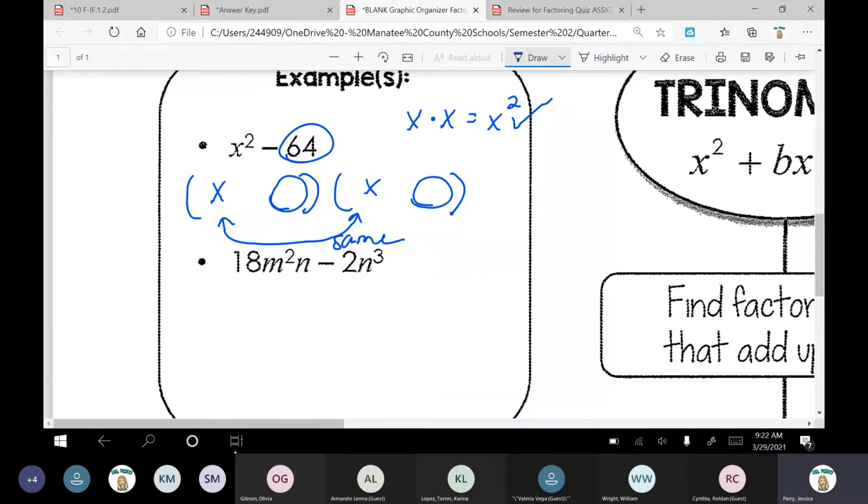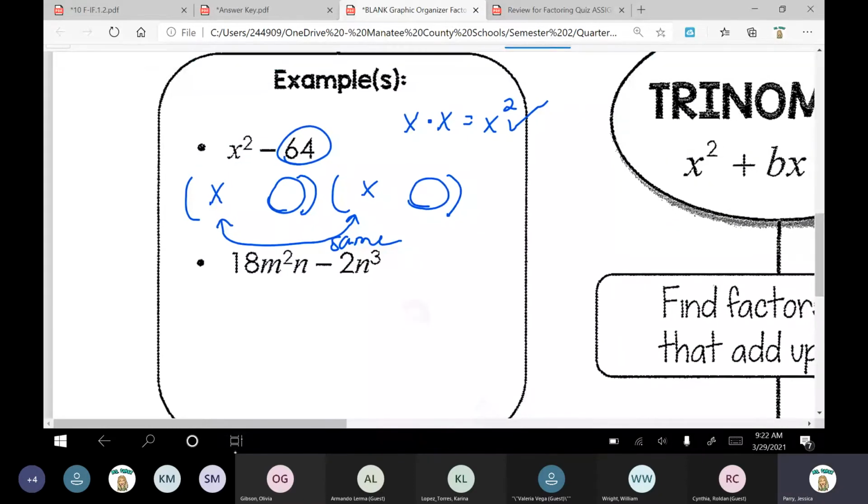Now, what times what is 64? Same thing. What times what is 64? Or what is the square root of 64? What times what?